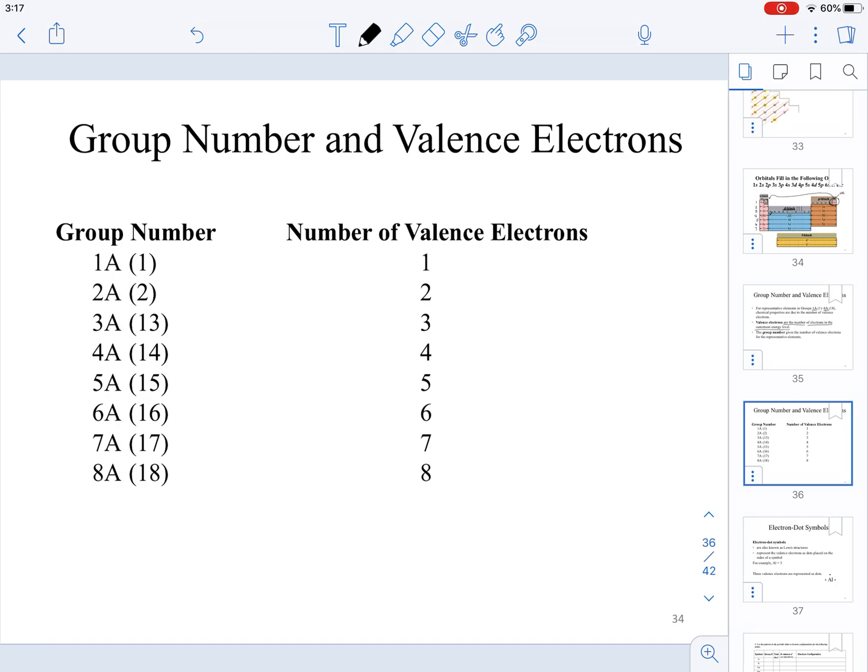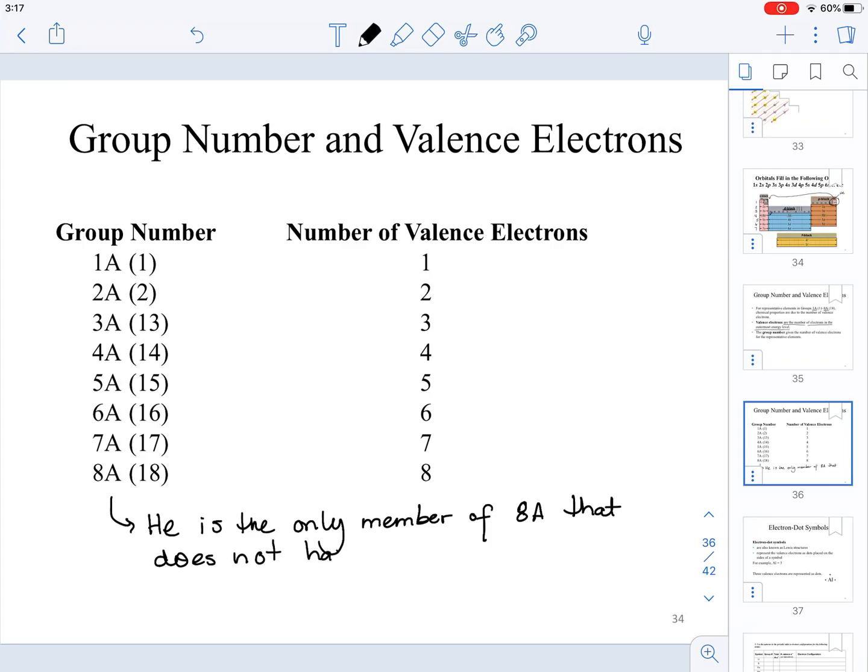Now, you will see that in chemistry, we always have exceptions to the rules, and this is one of the first ones that I'm going to give you. In group 8A, there's an exception. Helium is the only member of 8A that does not have 8 valence electrons.